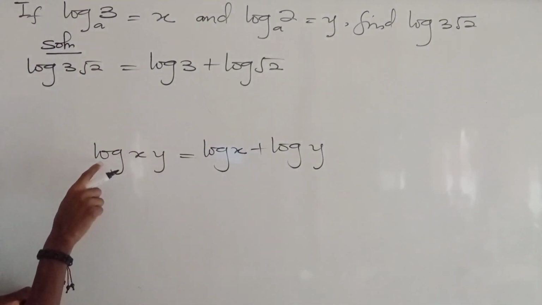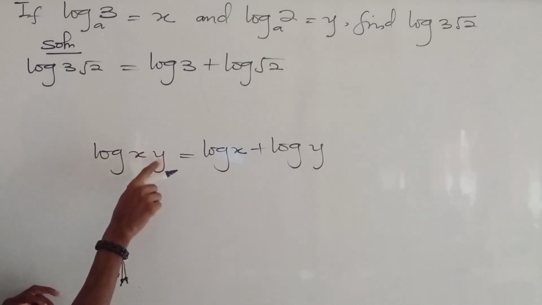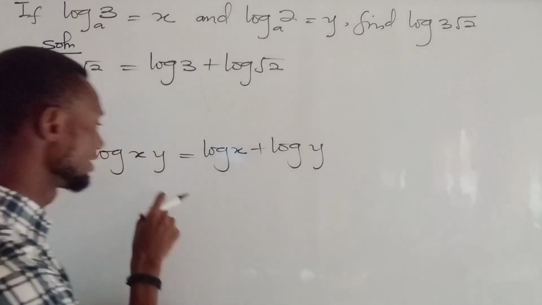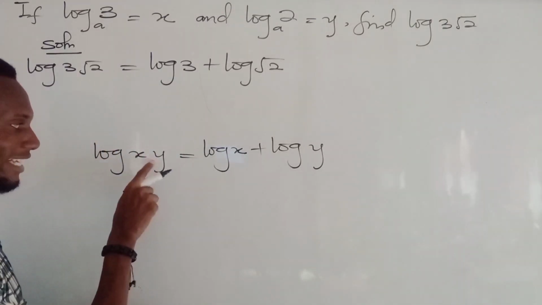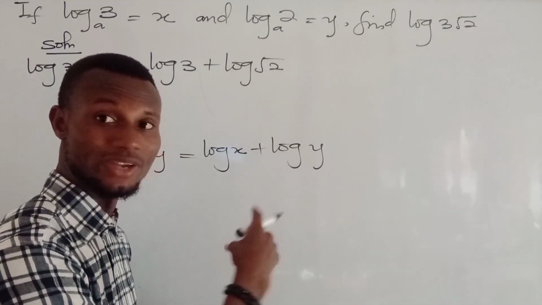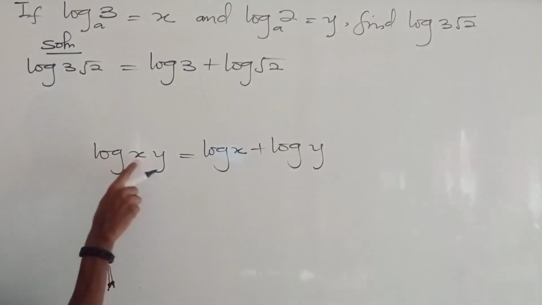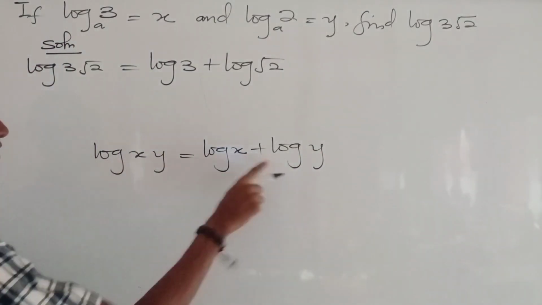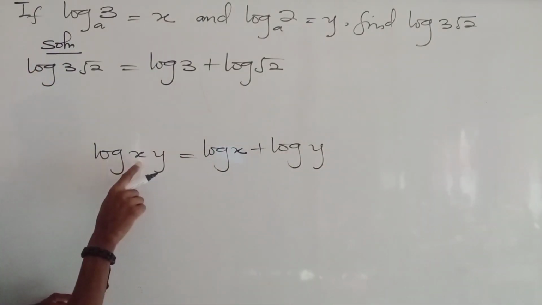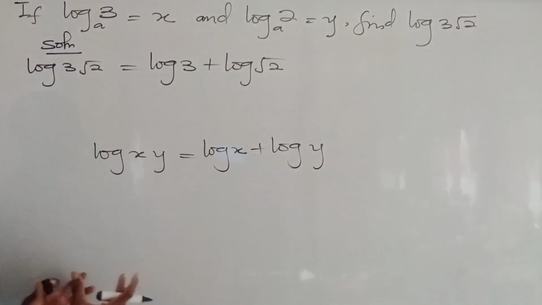The log affects the s and the log affects the y, but we change the operation sign, which is multiplication, to addition. So it's going to be log of s plus log of y. I hope you understand. So log s plus log y. That's how to write the expansion.